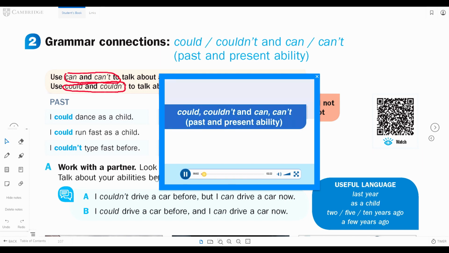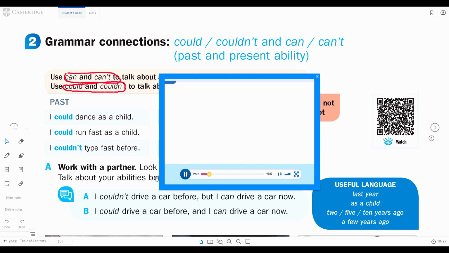Could, couldn't, and can, can't. Past and present ability. Unit 8, Lesson F. Watch and listen. Grammar rule. Use can and can't to talk about ability to do something in the present. Use could and couldn't to talk about ability to do something in the past.